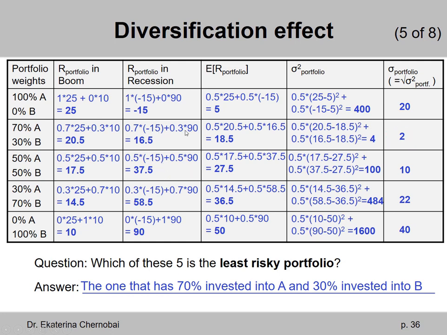It means that there is stock A. You can buy just stock A, which is pretty risky. Your fluctuations will be 20% either above or below the average return you'll be earning every year. If you just buy B, it's even riskier, double the risk. Your fluctuations will be 40% above or below the average return every year.